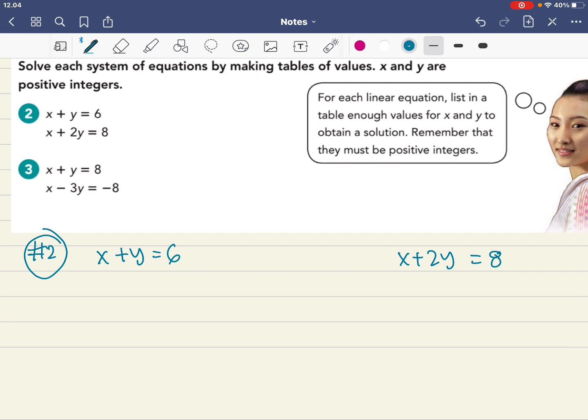And then it says for each linear equation, list in a table enough values for x and y to obtain a solution. Remember that they must be positive integers. Okay, so we're going to build a table.